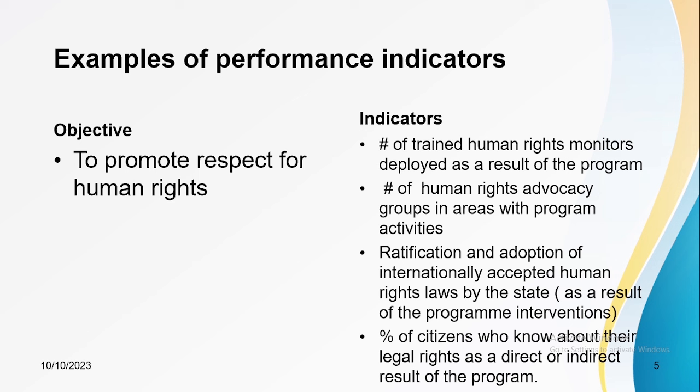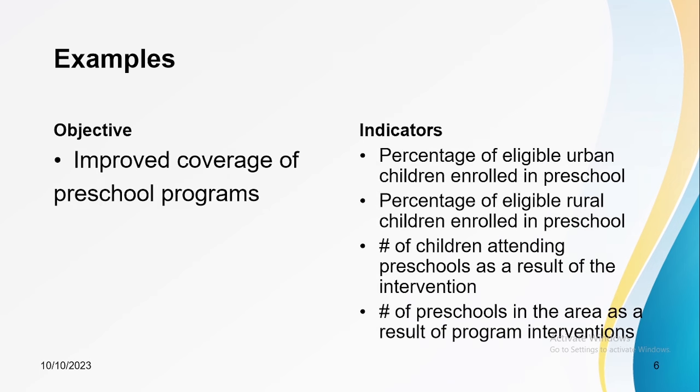Ratification and adoption of internationally accepted human rights by law, or percentage of citizens who know about their legal rights as a direct or indirect result of the program. So normally at the hierarchy of results, the objectives, we use percentages or proportions. So you can say a percentage of citizens who know about their legal rights as the direct or indirect result of the program will show that there is more human rights awareness.